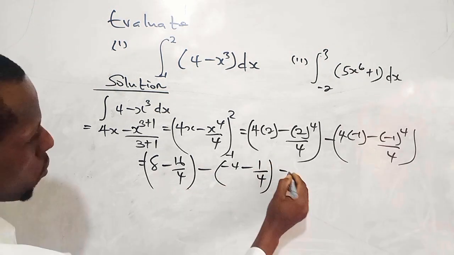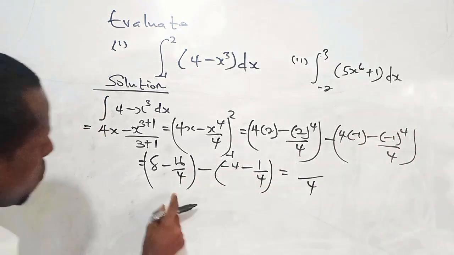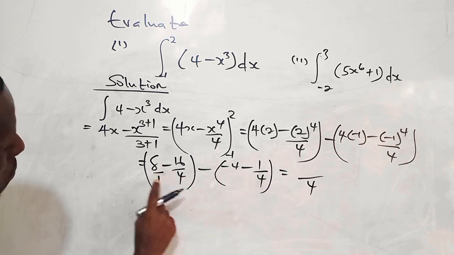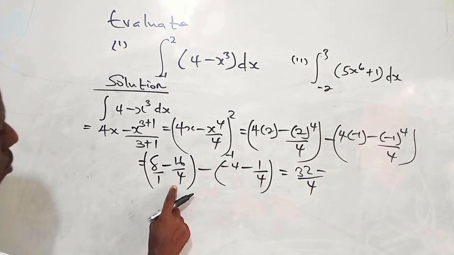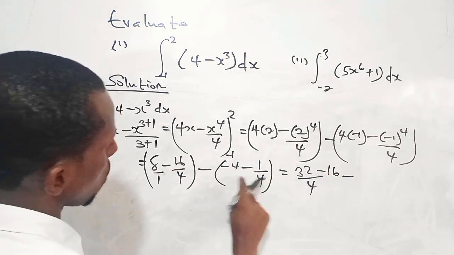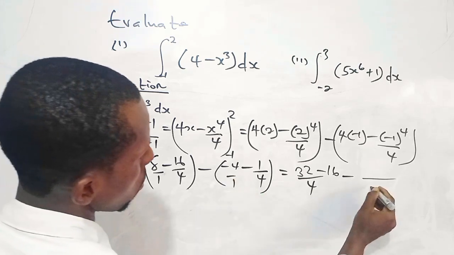Opening the first bracket with the LCM of 4: 4 times 8 is 32, minus 16.